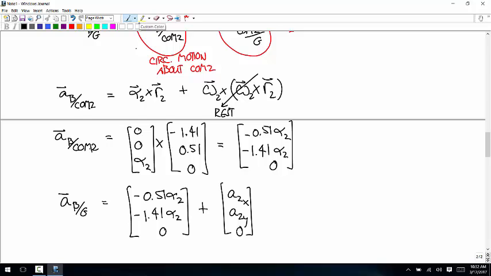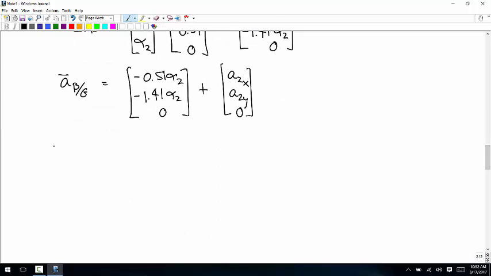And now we're going to set those 2 expressions equal to each other. So 5 star is 1.03 alpha 1. Yes, that's right. 0.51 alpha 2 minus A2x is equal to 0.